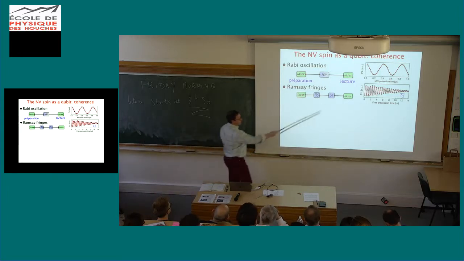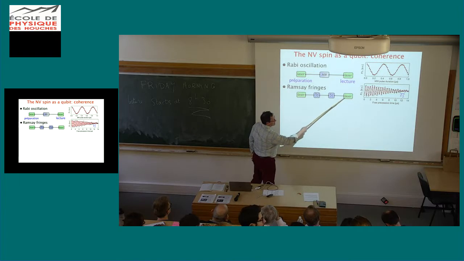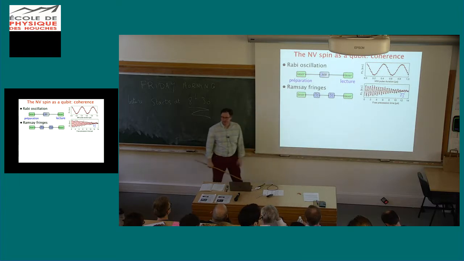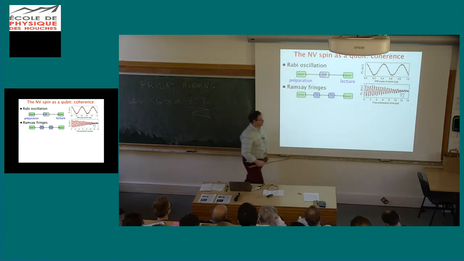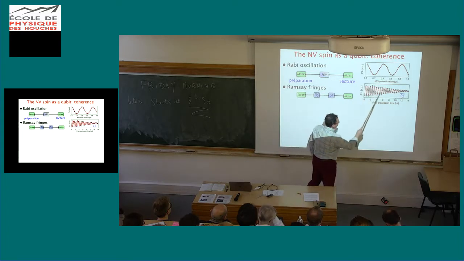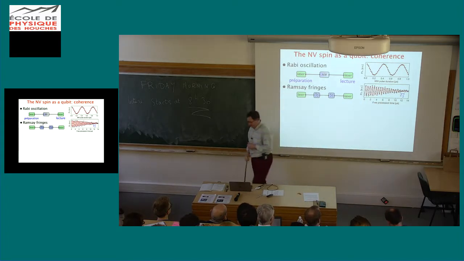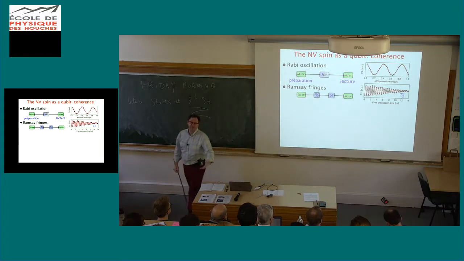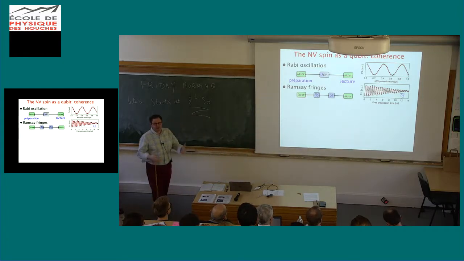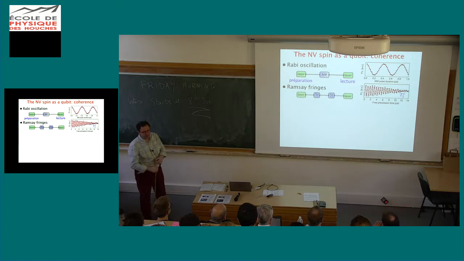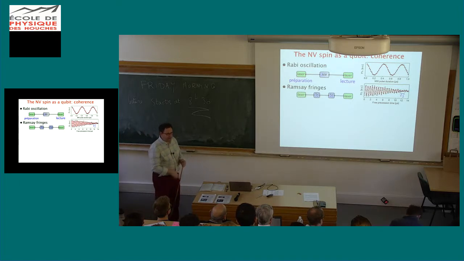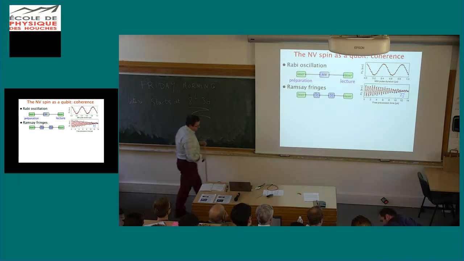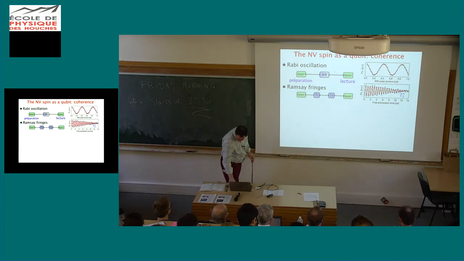You apply a pi/2 pulse after that, and then again the readout pulse to measure the spin state. You will see a decrease of these Ramsey fringes, and the contrast of the Ramsey fringes will disappear after a given time T2 star, which is the time for which the coherence can survive, at least without any echo sequence and all this processing.